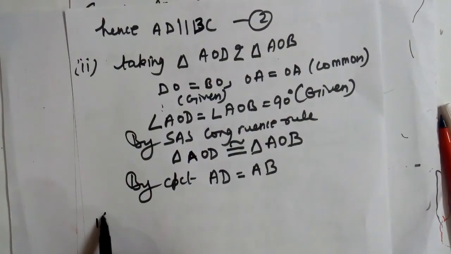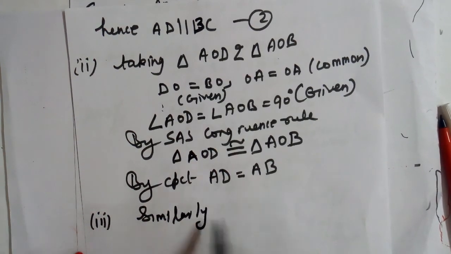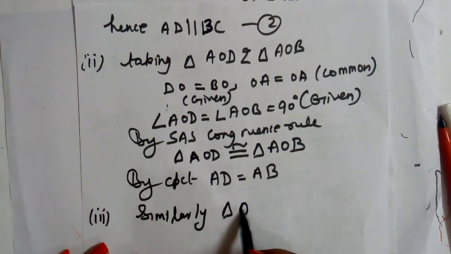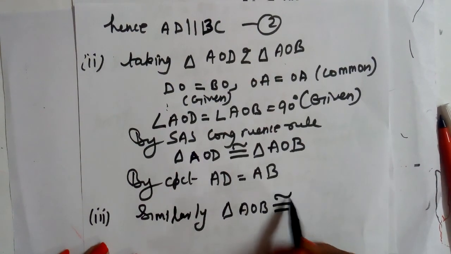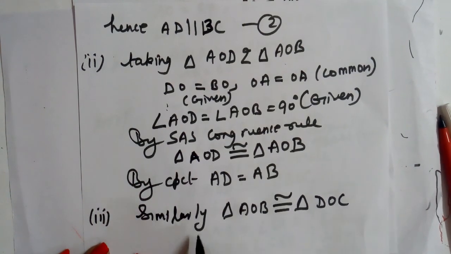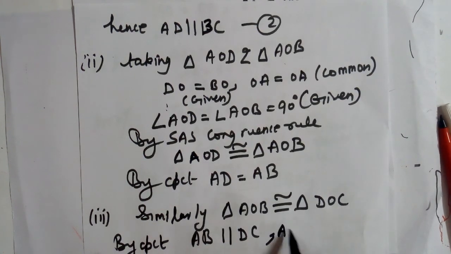So in the third thing we will write similarly, triangle AOB is congruent to triangle DOC and by CPCT AB is parallel to DC and AB is equal to DC.